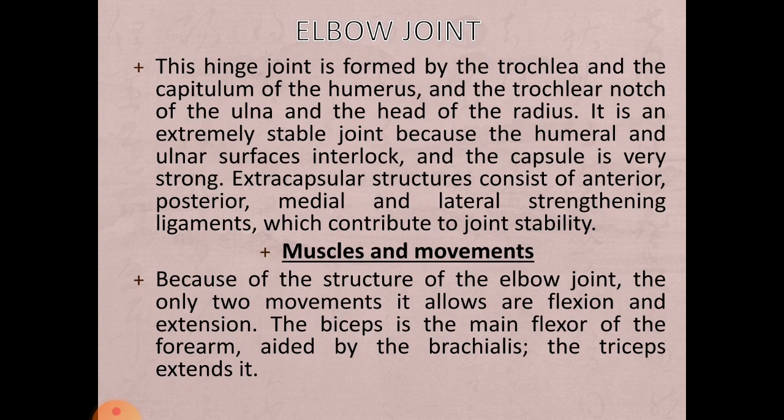Next we have the movements and the muscles that are involved at the elbow joint. This is the hinge variety, so definitely there will be limited movement, and the movements that can occur at the elbow joint are flexion and extension.